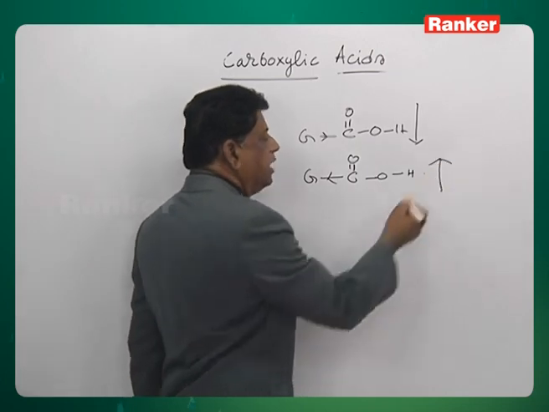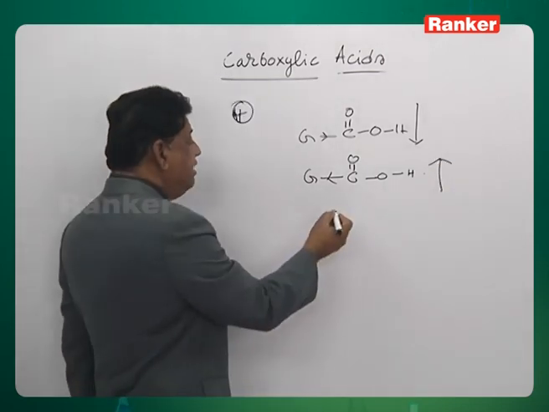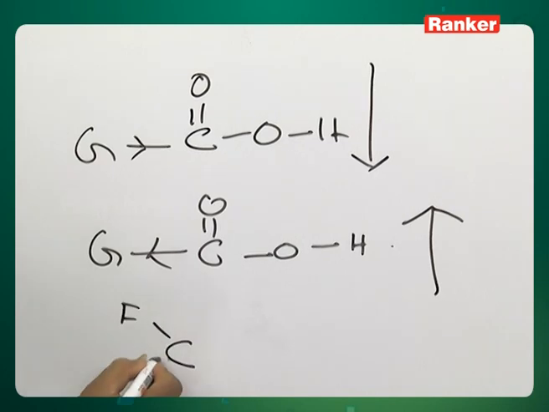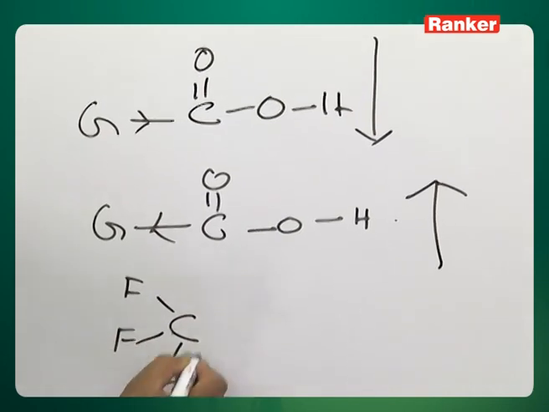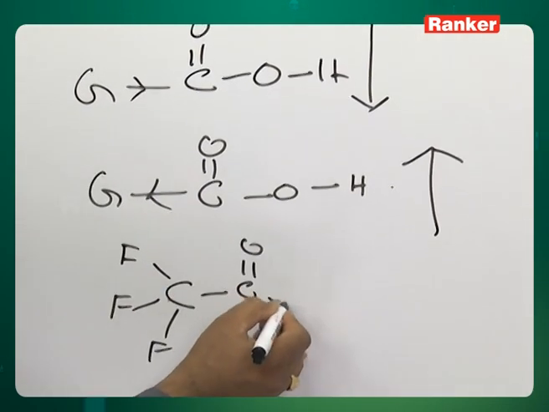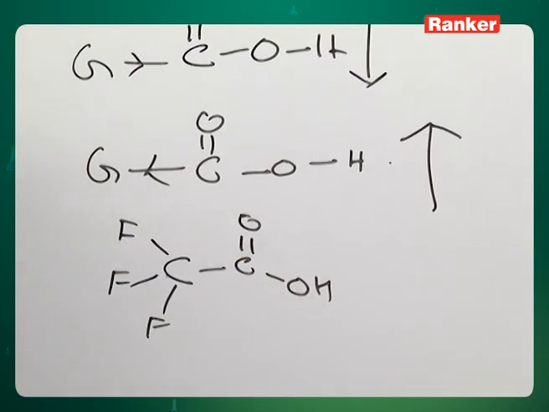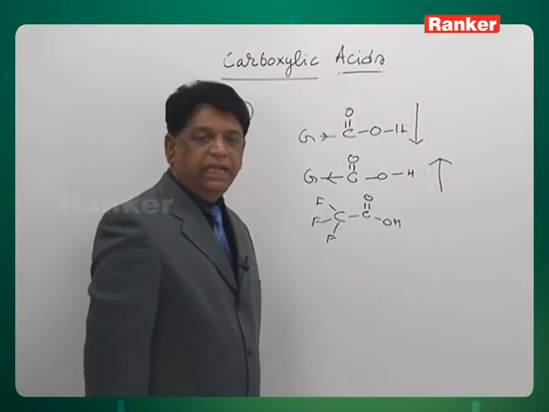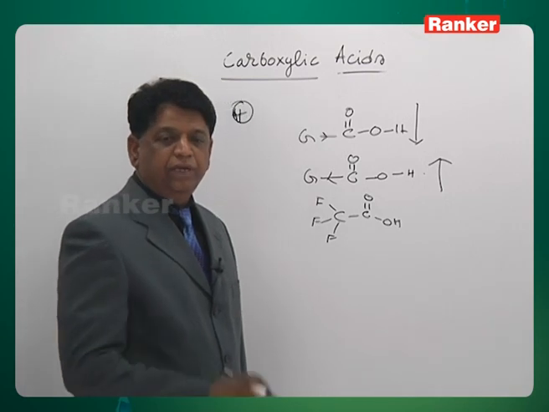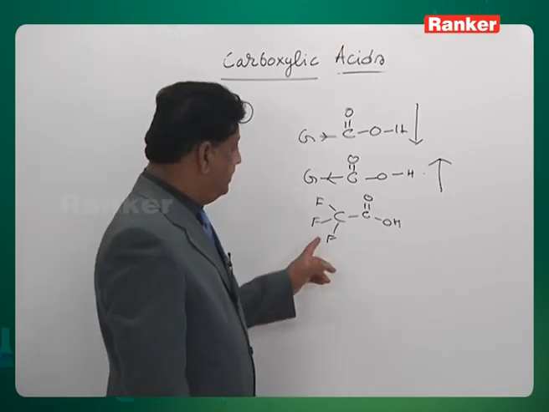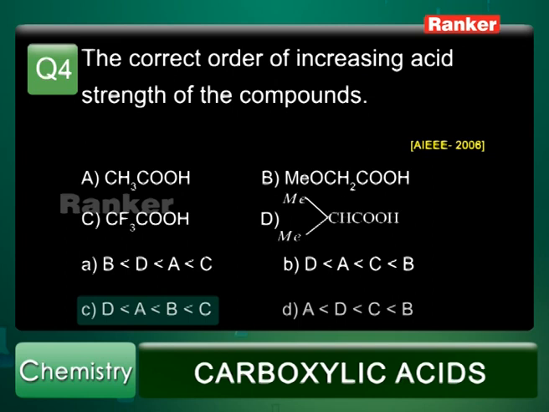So option C has 3 fluorines containing acetic acid. This is one of the strongest acids among the different carboxylic acids. So this comes in the increasing order, it should be at the end. So the option C should be at the end. Therefore the final answer, C, will be the right answer.